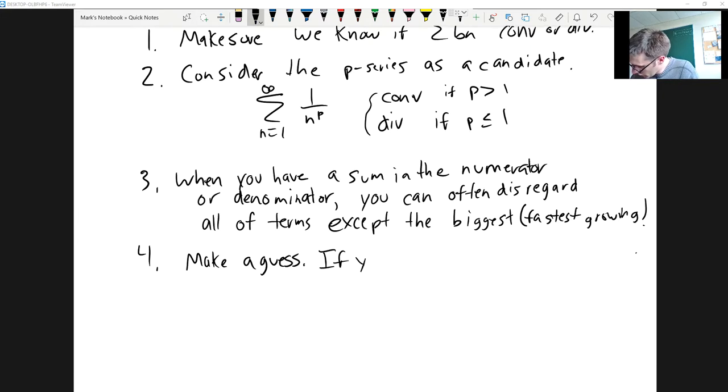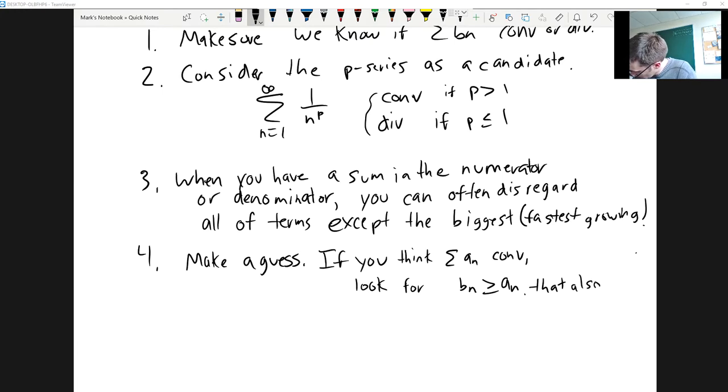If you think it converges, look for a bn that is greater than or equal to an that also converges. So you may find the thing you have to compare to has nothing to do with the original problem other than the terms are bigger.